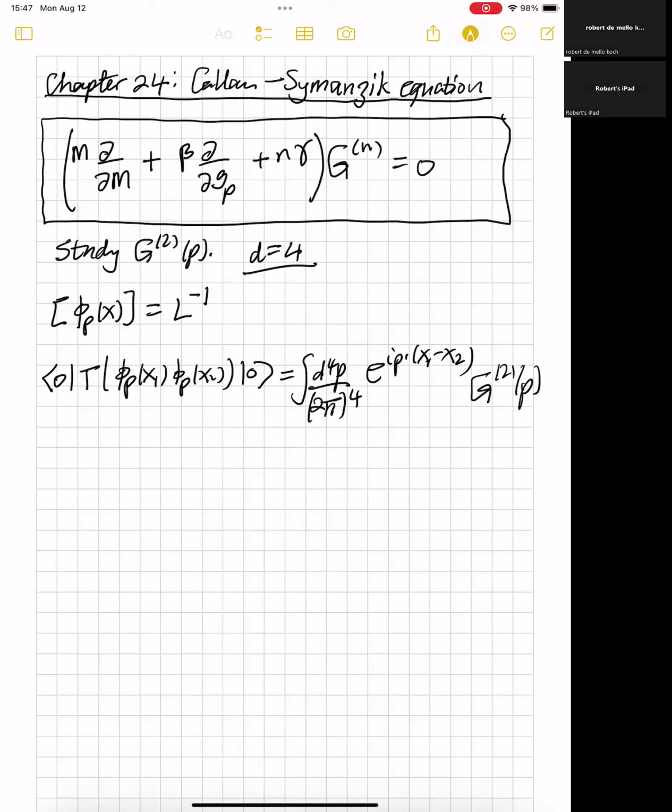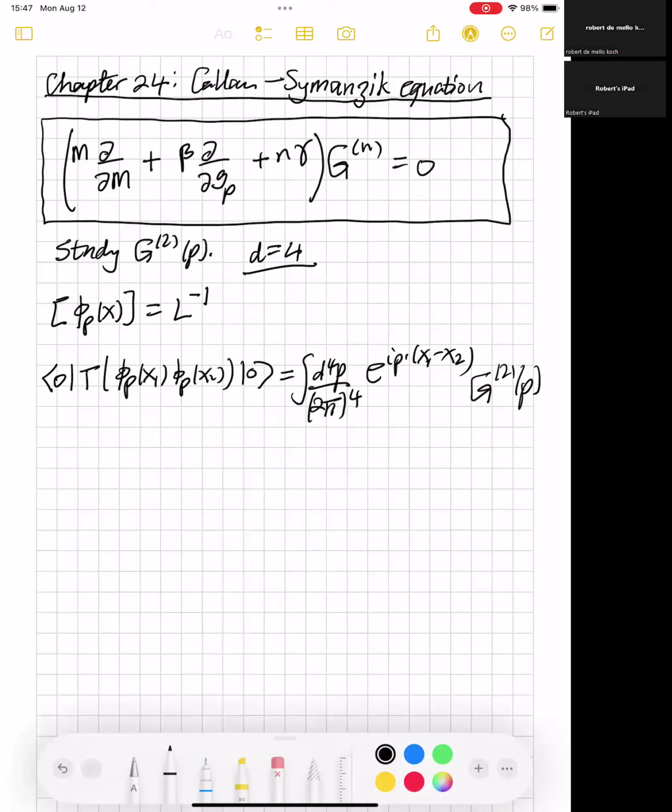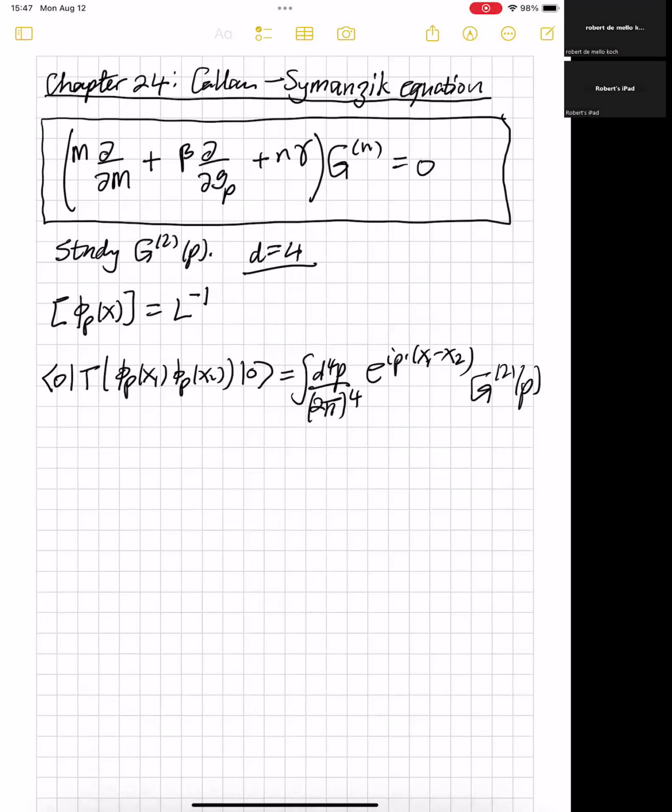So if we look at this equation and we start to assign dimensions, well, on the left-hand side, we've got bra vacuum and ket vacuum. They are dimensionless because we know the vacuum is normalized to 1. So the only thing that has dimension is the physical field. So this side of the equation is length to the -2, one inverse length for each phi.